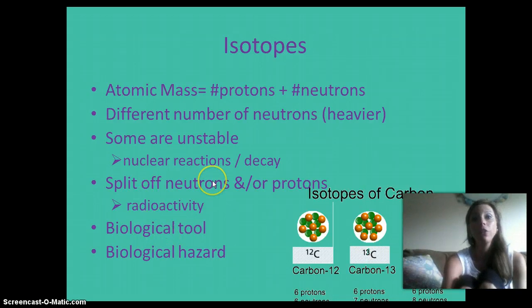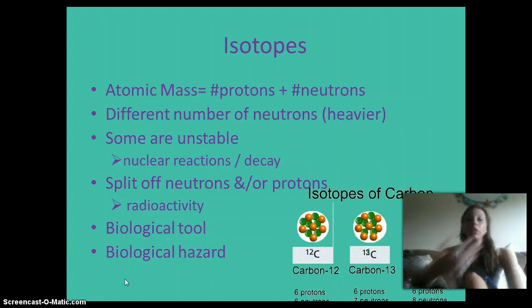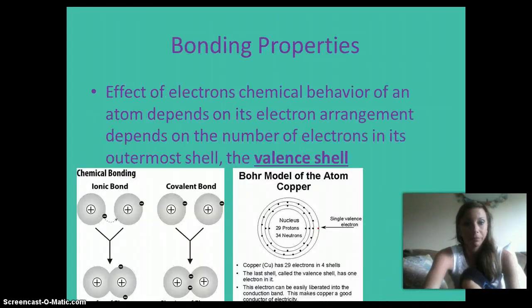They split off neutrons and or protons, and this is radioactivity. And it can be used as a biological tool, as I said, dating, or it can be hazardous. So nuclear reactions can be hazardous, especially because of the unstable state of these isotopes.